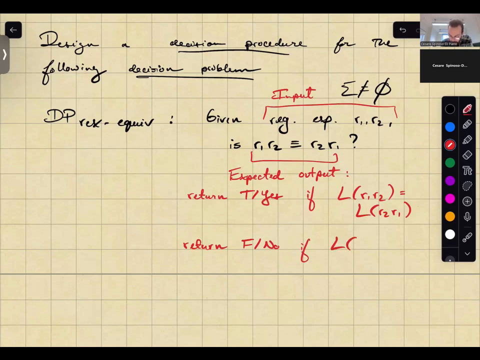So if the language denoted by r1, r2 is different from the language denoted by r2, r1.